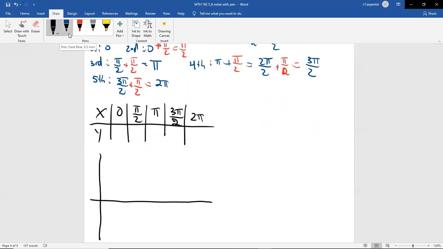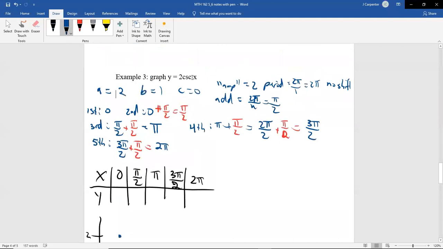And with these x values of 0, pi over 2, pi, 3 pi over 2, and 2 pi, we know that the sine was going to look like 0, 1, 0, negative 1, 0. We know that the sine graph was going to have these as their points. Those are the ones you better know inside and out.